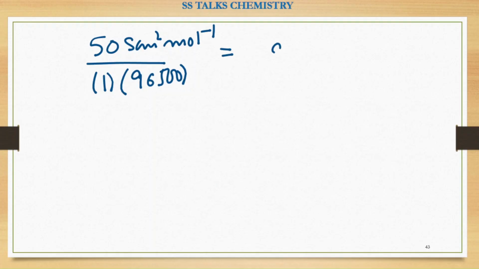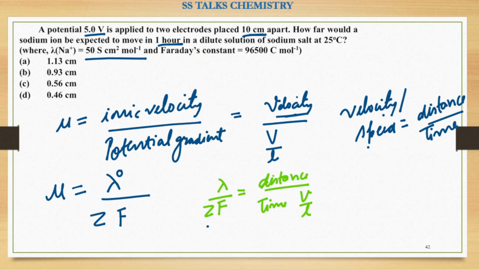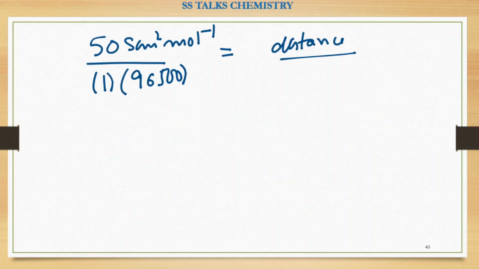And this is equated to distance upon time. Time here is given to us as 1 hour. This 1 hour we have to take into seconds. So 1 hour is 60 minutes and 1 minute is 60 seconds, so in seconds the time we have to put it.